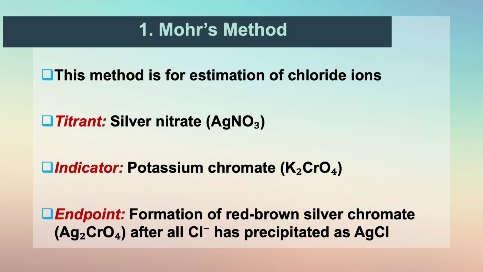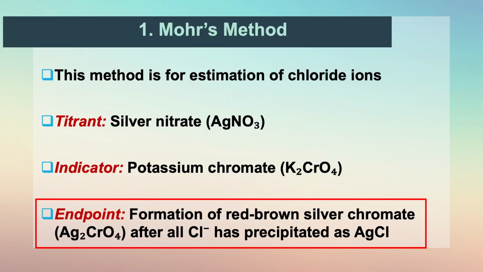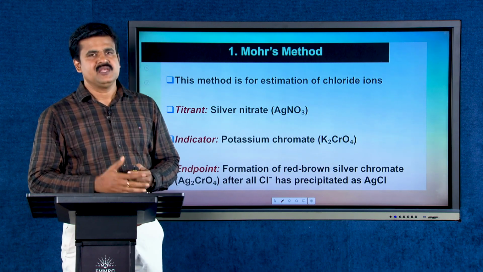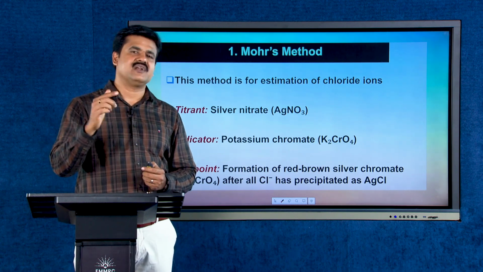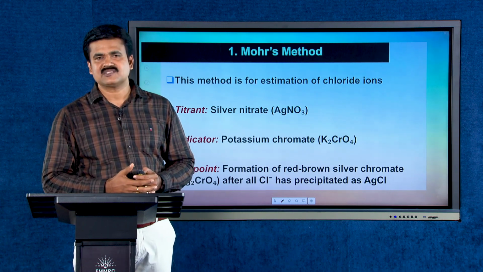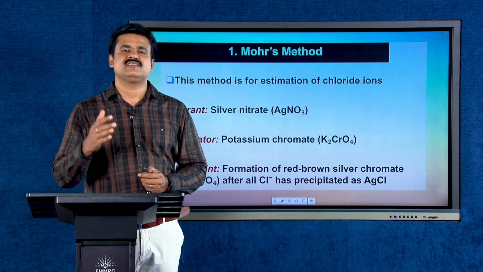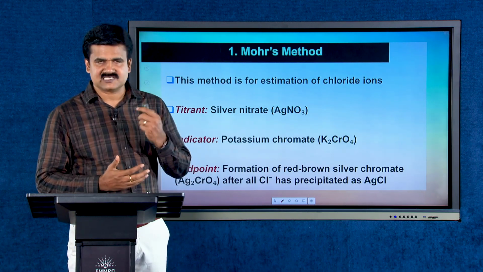End point is indicated by the formation of red brown silver chromate with the molecular formula Ag2CrO4, after all Cl minus ions have precipitated as AgCl. So in Mohr method, you have a solution of Cl minus ion to which you quantitatively add Ag plus ions as AgNO3, and the indicator used is potassium chromate.